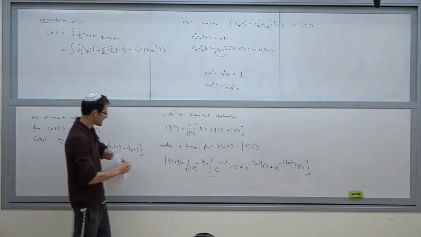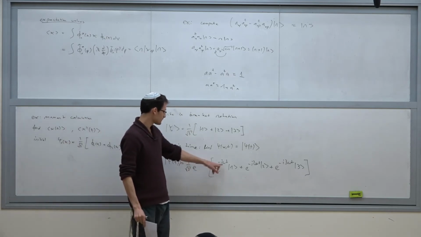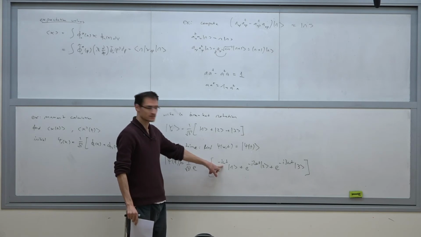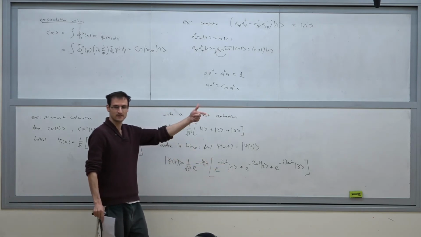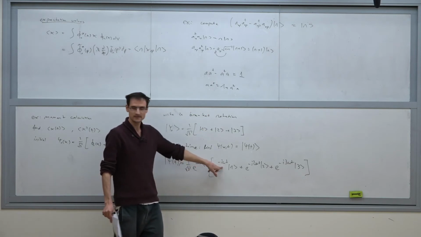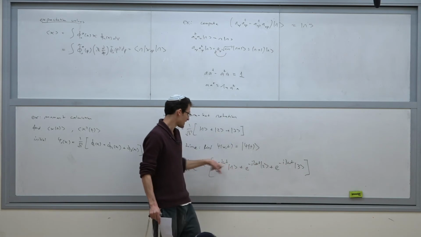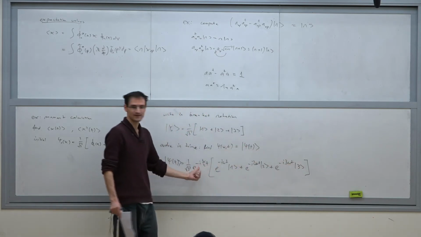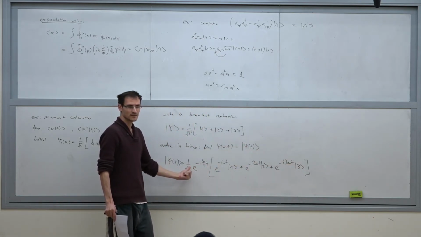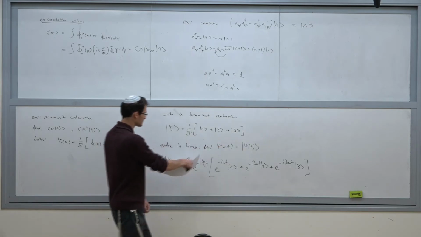Right, so the ket psi of t is a function of time. So here I added e to the 3 halves, right? Because it's n plus half, and for n equals 1 that's 3 halves. So there's 1 here and a half here. So that's 3 halves. And then 5 halves and 7 halves. Right? So 1 and a half, 2 and a half, and 3 and a half. But the 1 half I took outside. I factor it out. That way I don't have to write it every single time, which is writing once at the beginning.